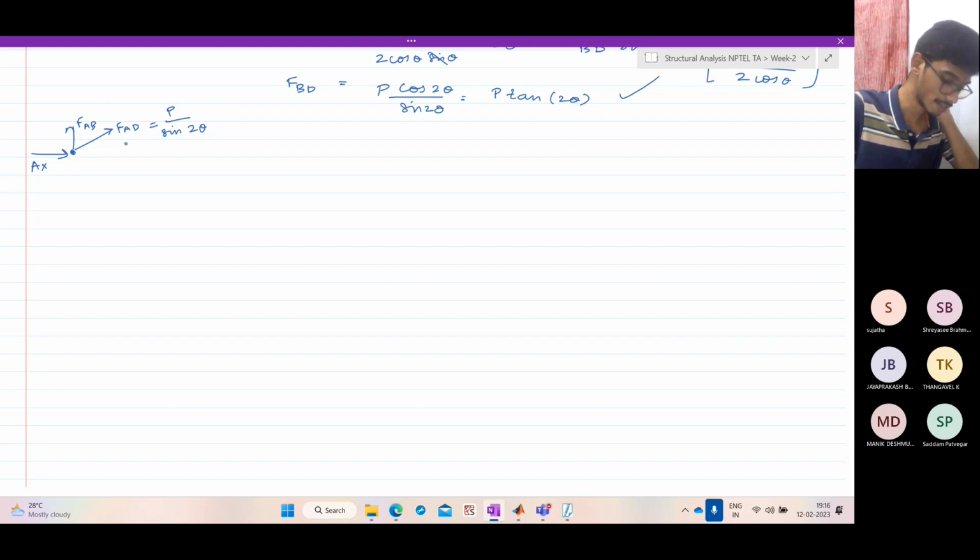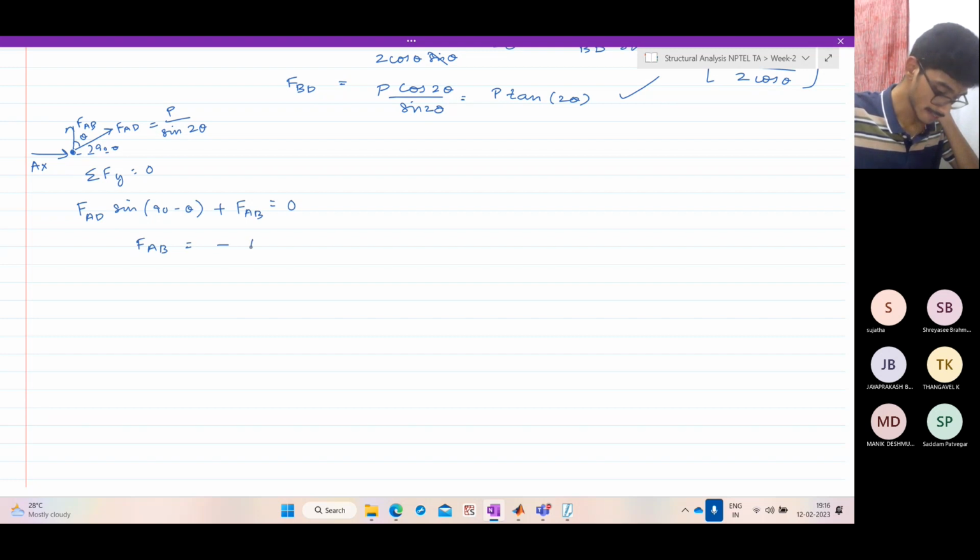So what is FAB? Just enforce sigma Fy equal to 0, which means FAD, what is this angle? This angle is theta. So this angle is 90 minus theta. So FAD sine of 90 minus theta plus FAB equal to 0. So you get FAB as minus FAD cos theta. So what is FAD?